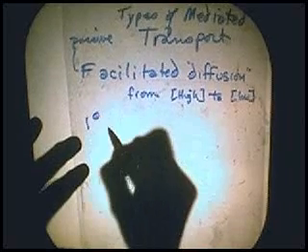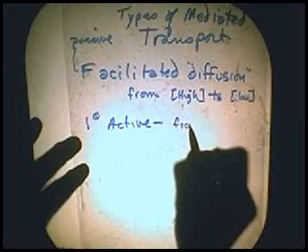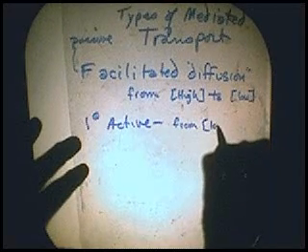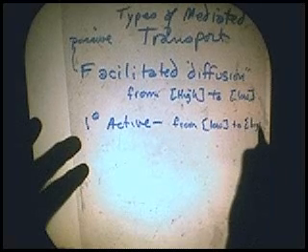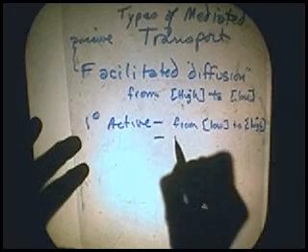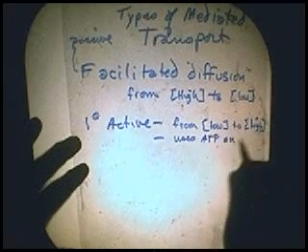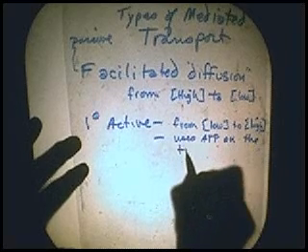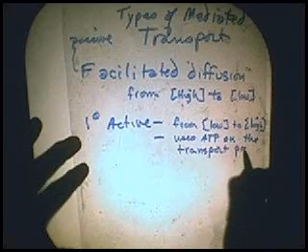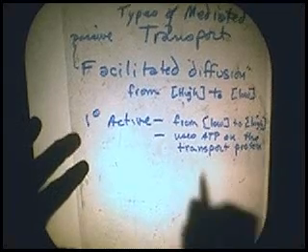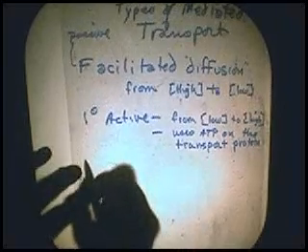We have primary active, and that goes from a lower concentration to a higher concentration, and uses ATP on the transport protein, the mediator. So the transport protein that is moving the solute from low to high actually is the place where the ATP is used.